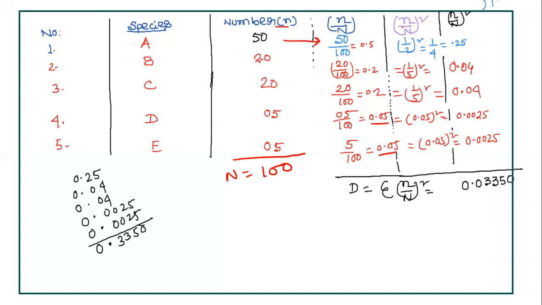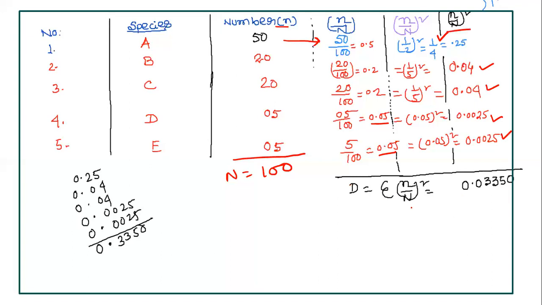Now we take small n by capital N the square. 0.5 we can also write as 1 by 2, that is half, the square will come 1 by 4. Now 1 by 4 we can write as 0.25, right? Similarly 1 by 5 the square, you can calculate in that way, and add up the values of (small n by capital N) the square.